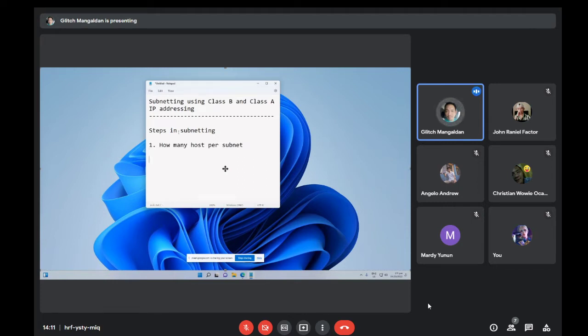Yung formula nito is 2 raised to x minus 2, where x is equal to the number of host bits.